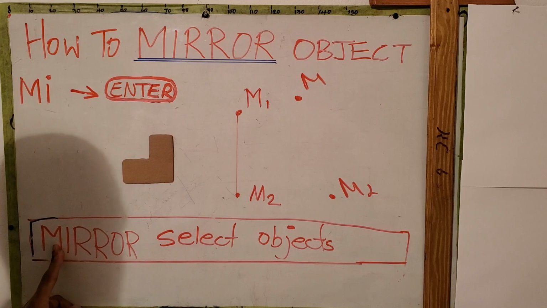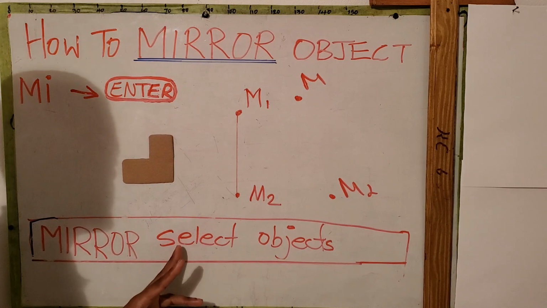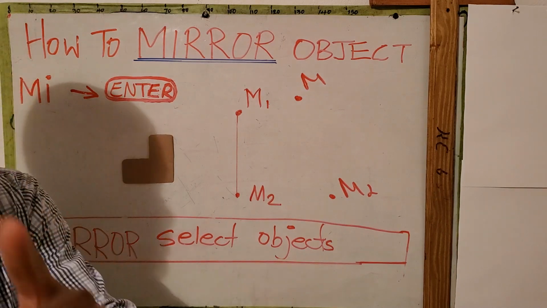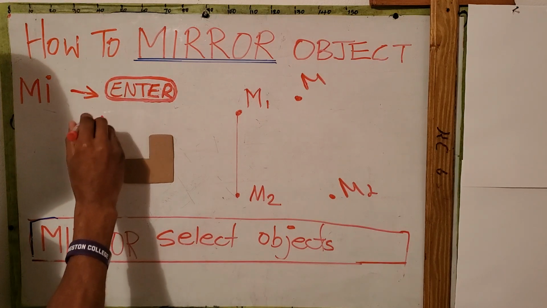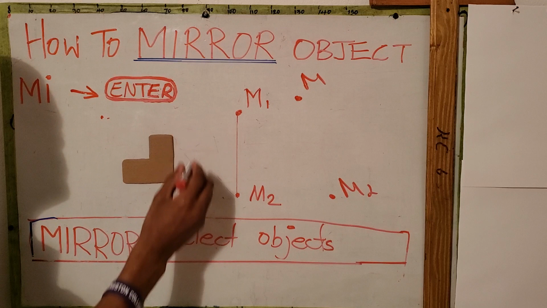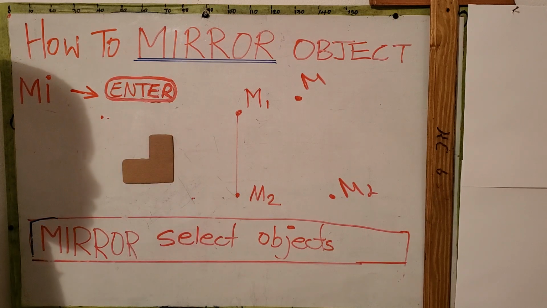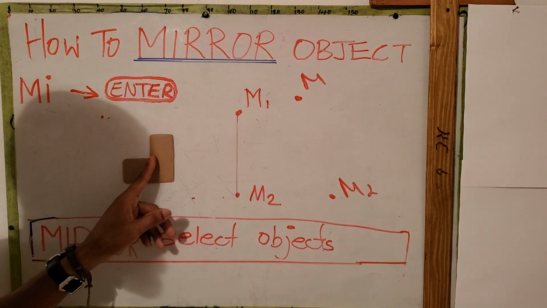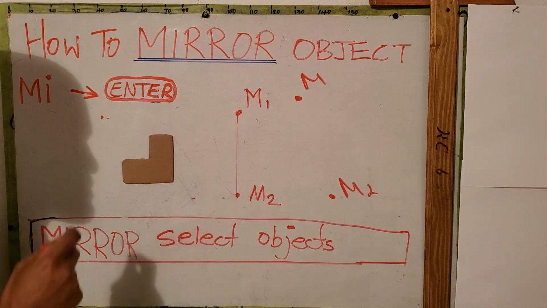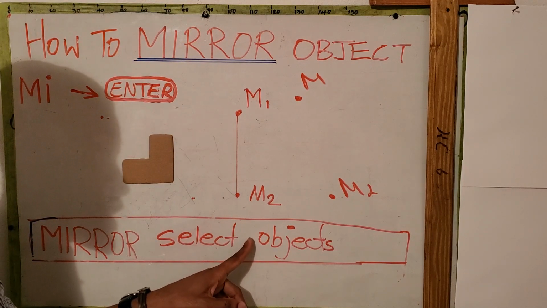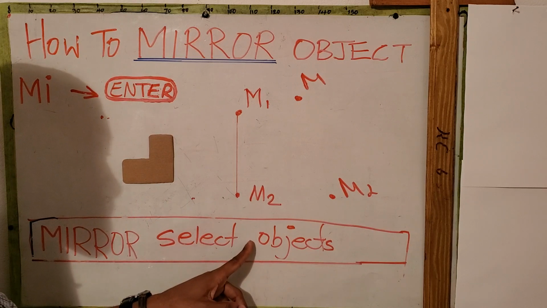Next, the command bar will change. You will see mirror here. It will then say select objects to be mirrored. I will then left click here, drag left click here to create a window around this object. This will then turn blue. After this object turns blue, this will still ask you to select the object.